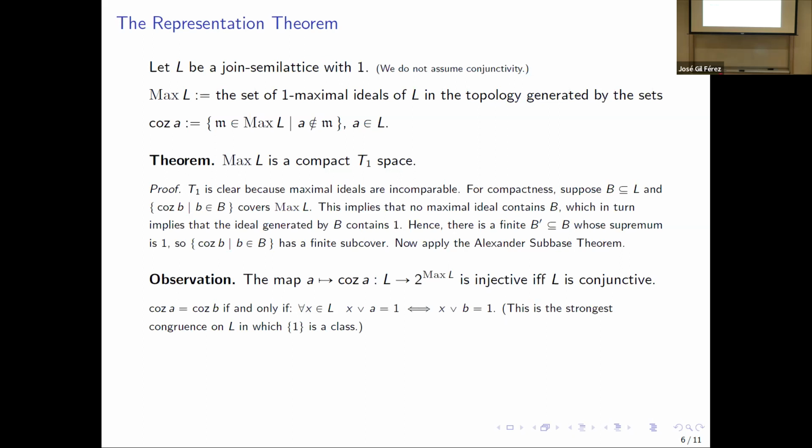The representation theorem is like this. Let L be a join semilattice with one. Max L denotes the set of maximal ideals of L, in the topology generated by the co-zero sets.